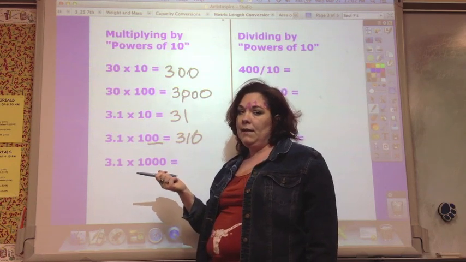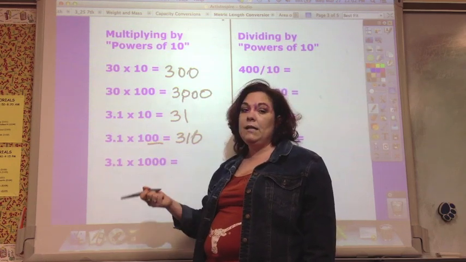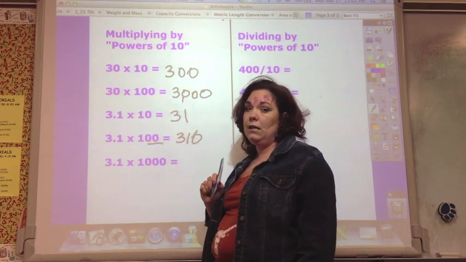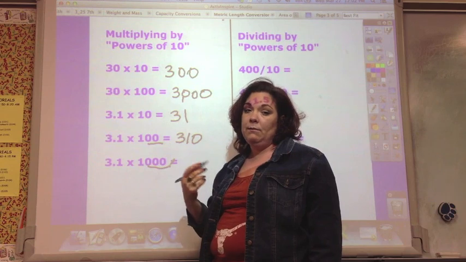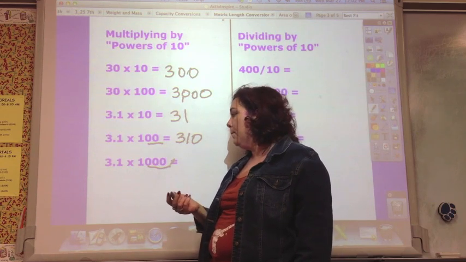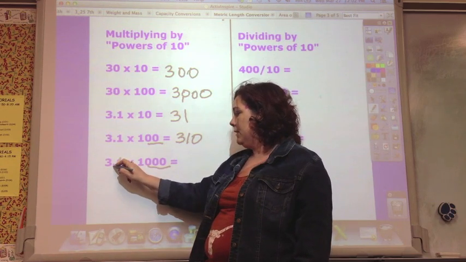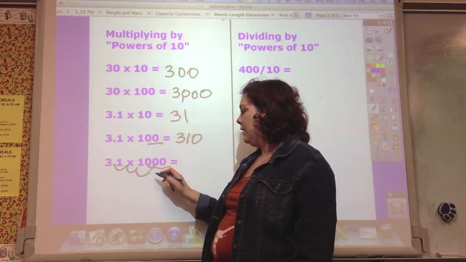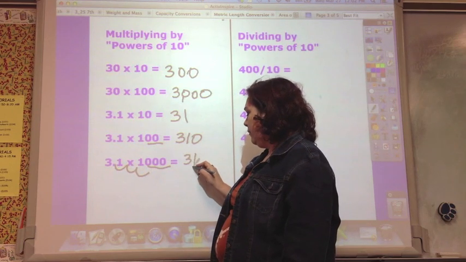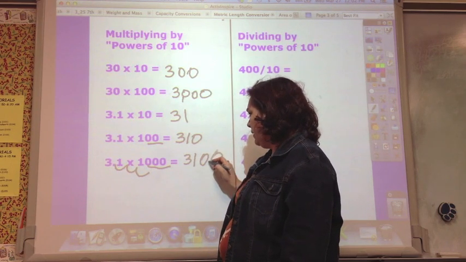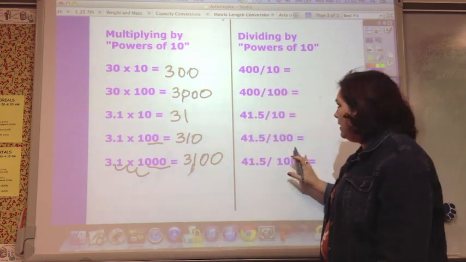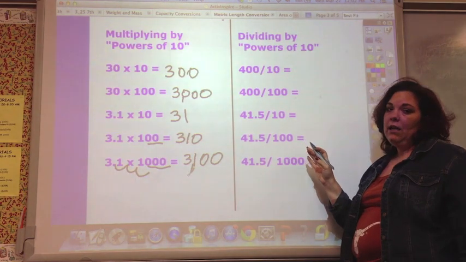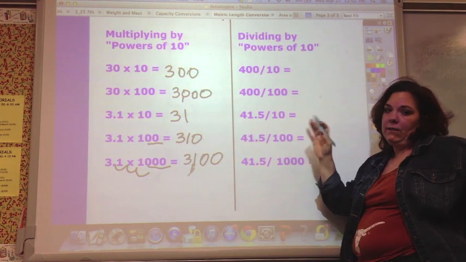And if you estimated, you would know that 100 times 3 is 300, so 310 is really close. And then for 1,000, which is the most that you're going to do in metric, it would be 3 places, so 1, 2, 3, and you'd have 3,100.